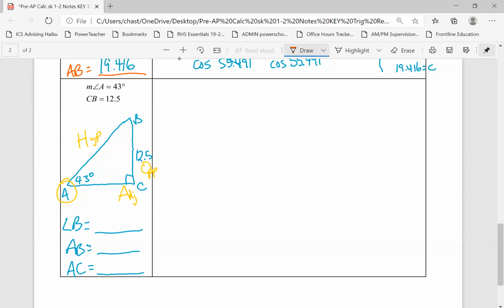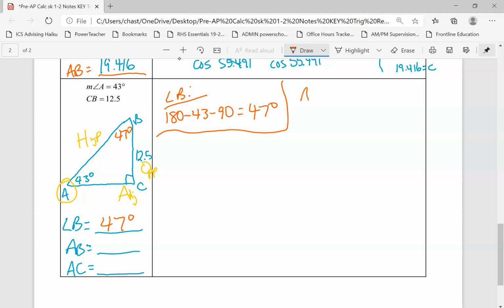But actually, before I do that, let's find angle B. That'll be really easy. Angle B is just 180 minus 43 minus 90. This is the shorter way to do this, which is 47 degrees. Okay? So now we have angle B.